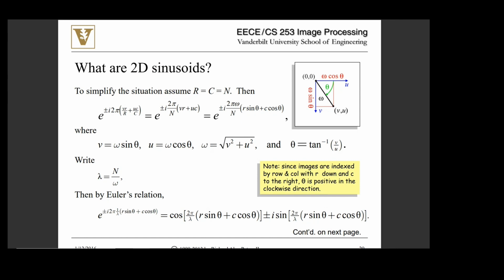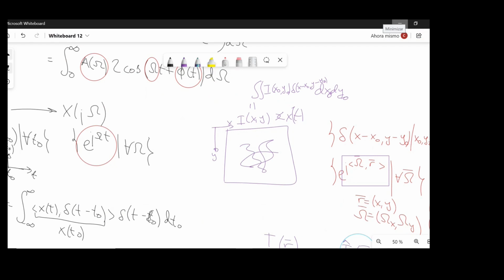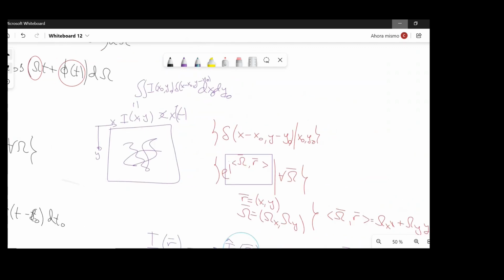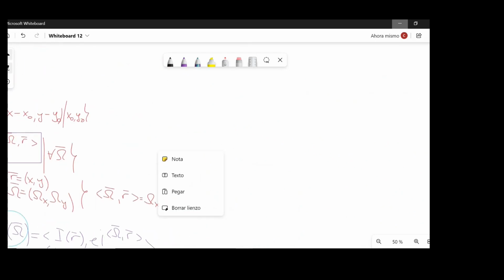So let's discretize our stuff. I have explained it here with continuous frequencies, let's make them discrete.